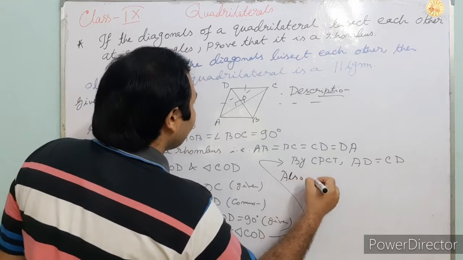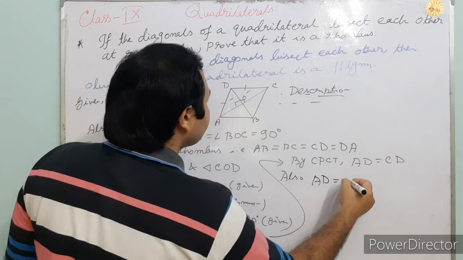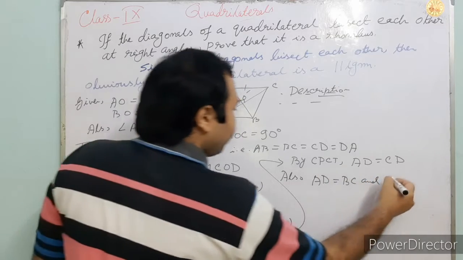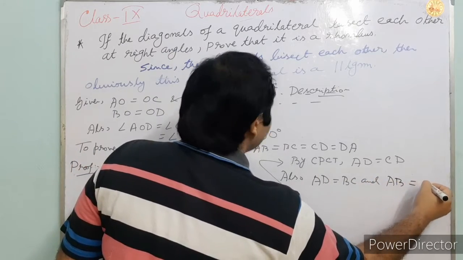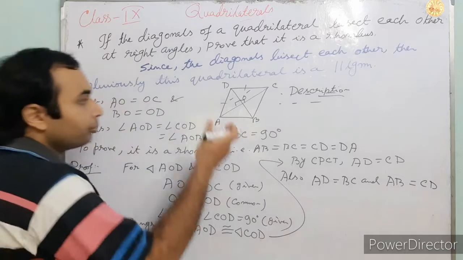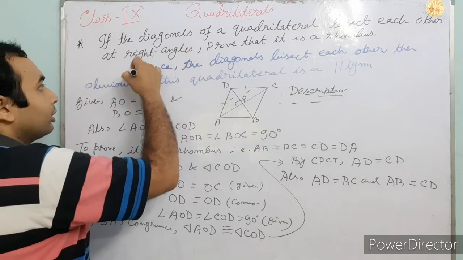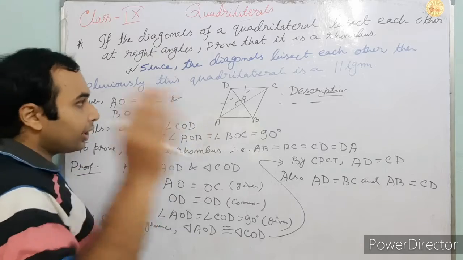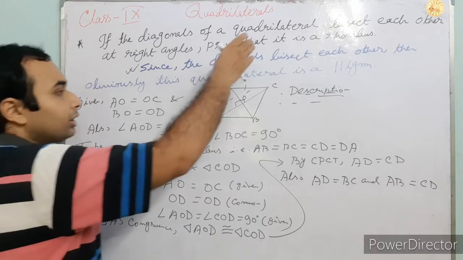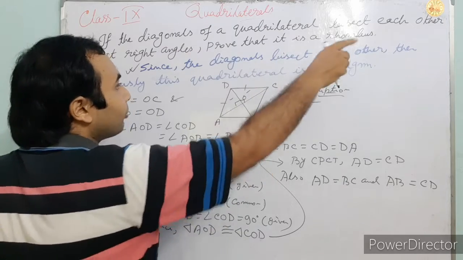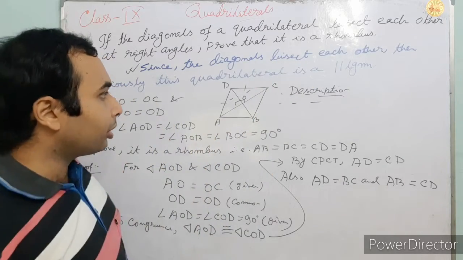Also, AD equals BC and AB equals CD. Why? Because this is the parallelogram. I have told here at the very first of the theorem that this is the parallelogram because the diagonals bisect each other. That is the property of the parallelogram.